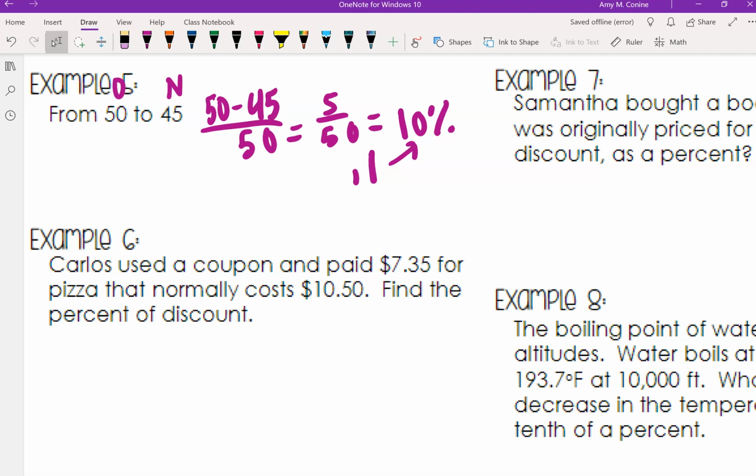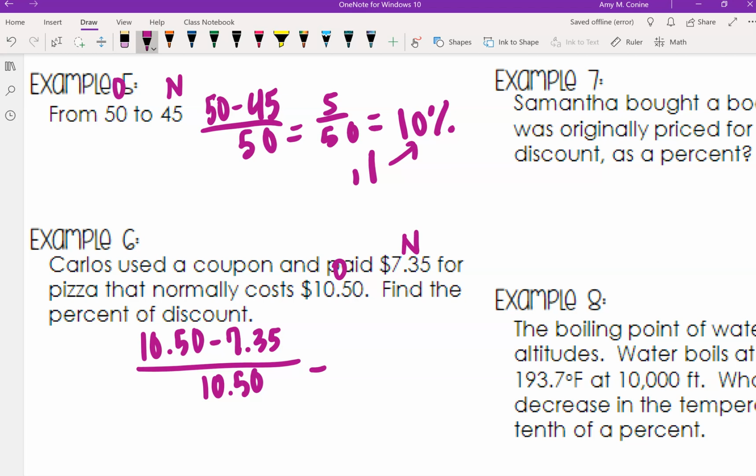So for Carlos, he used a coupon and paid $7.34 for a pizza that normally costs $10.50. So what is the percent of discount? So, discount price. So what is the percent of that discount? So your original is $10.50, your new is $7.35. So when you subtract, you should set it up so you're going to have a positive number up top divided by your original.